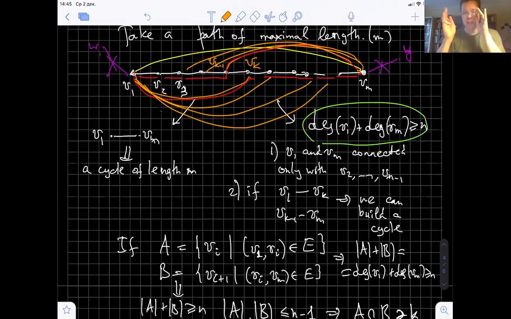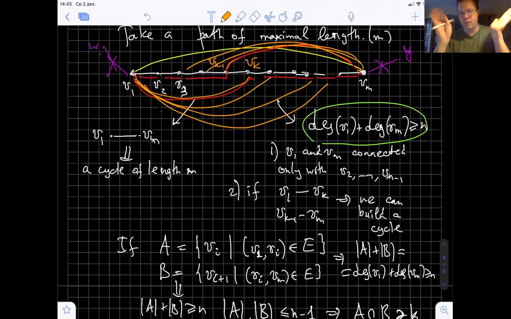Okay, so again, I just want to prove: if I have a path of maximal length, then I will have a cycle of the same length. And the idea of the proof is very straightforward. First, I look at the vertices on the ends of this path, V1 and Vm. If they are connected, we have a cycle.